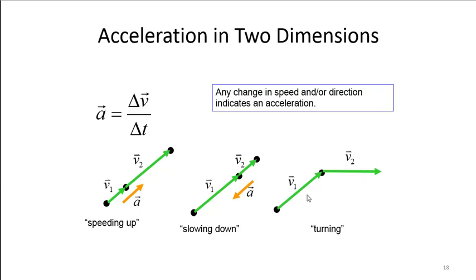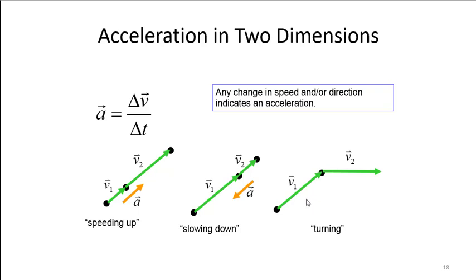When I think about the direction of acceleration, there can be no acceleration in this up and to the right direction. If there was any acceleration up like this, then the object would speed up. If there was any acceleration down like this, the object would slow down. So I cannot have any acceleration along this direction.